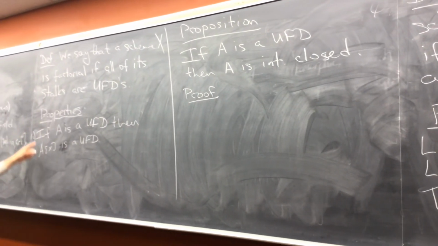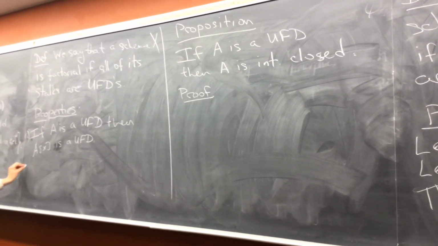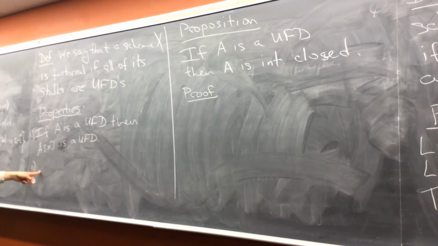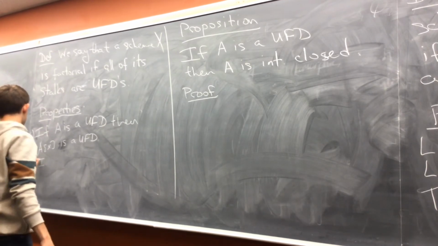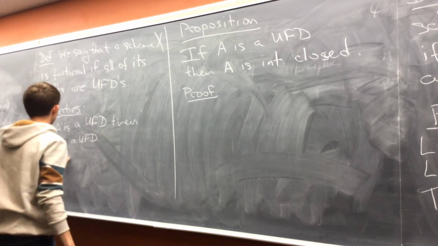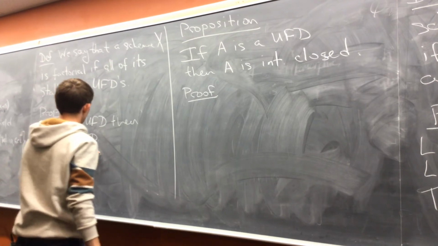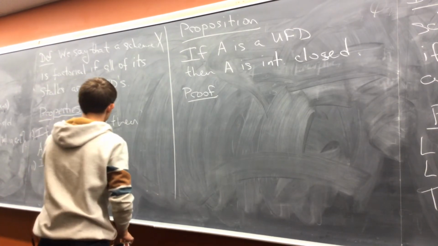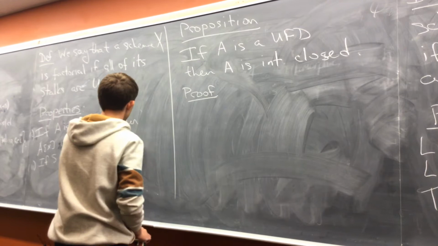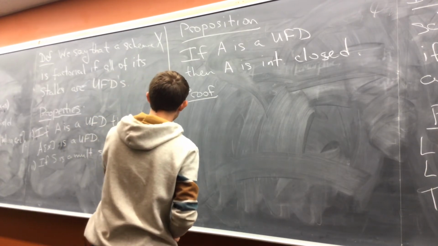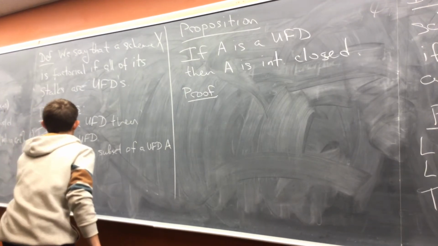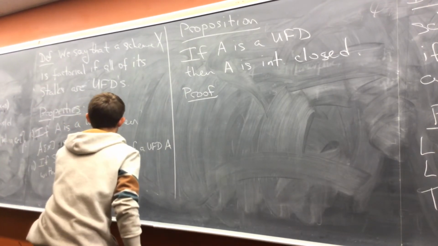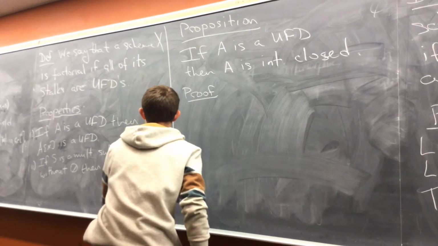This is the first property that I want to mention, and I'm going to mention the second property. And this property was proved by Mr. Pat Naylor last time. It is the property that if S is a multiplicative subset of a UFD A without 0, then S inverse A is a UFD.